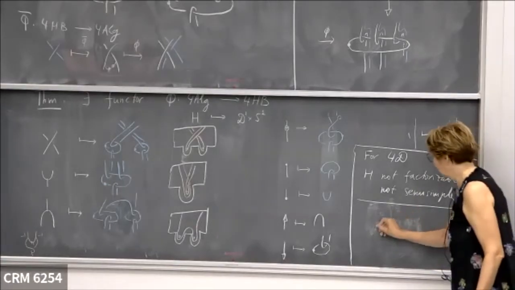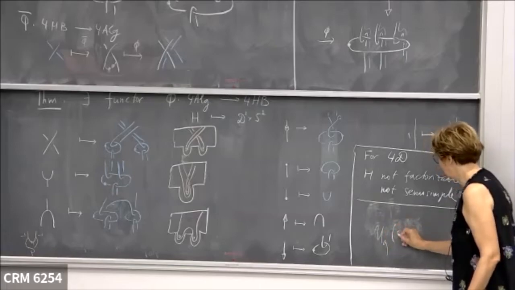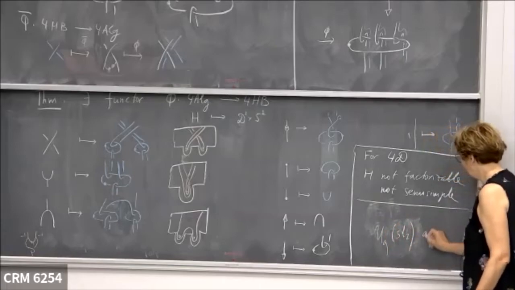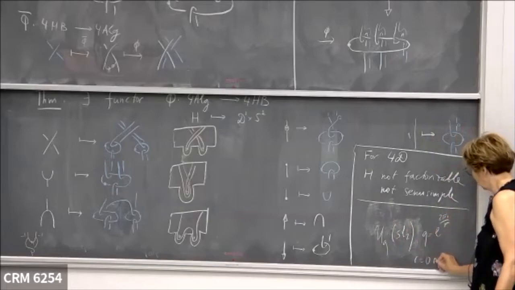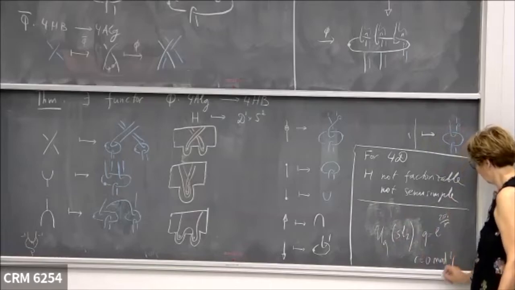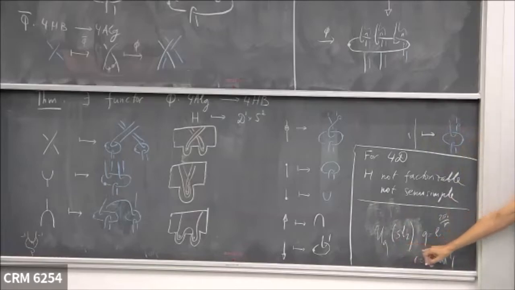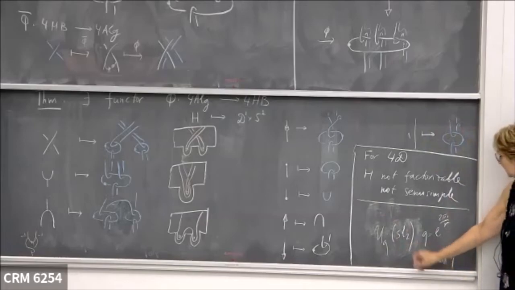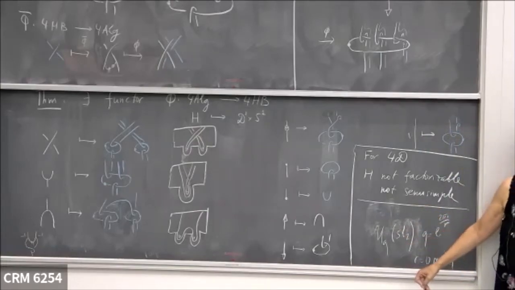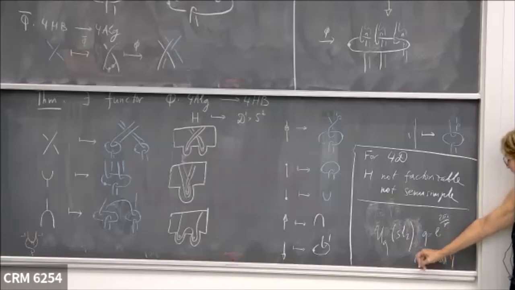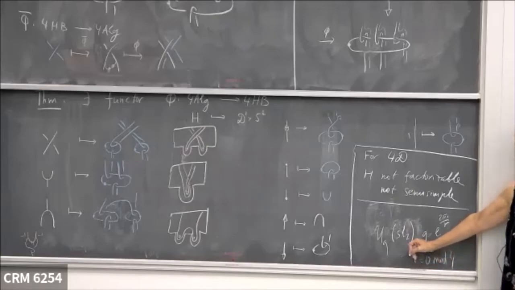And we were very excited about, for example, this example U_q sl2, where q is a root of unity of order divisible by 4, because even the small quantum group in this case is not factorizable. We studied this case in detail with Marco, and I will report on it in my talk next week at the conference. And the result is not good. The result is that it's too close to being factorizable.